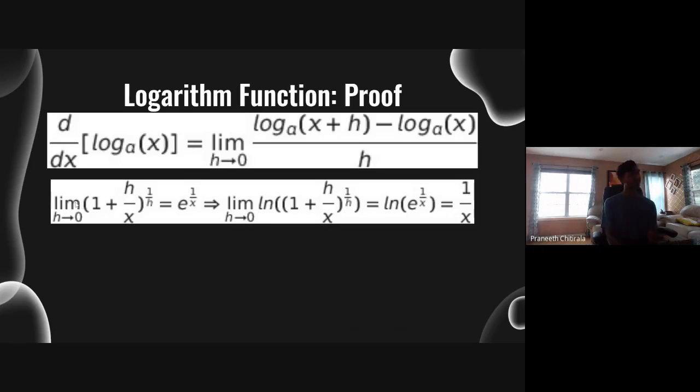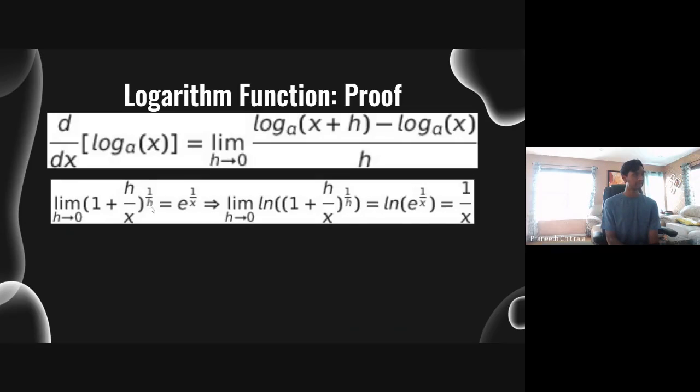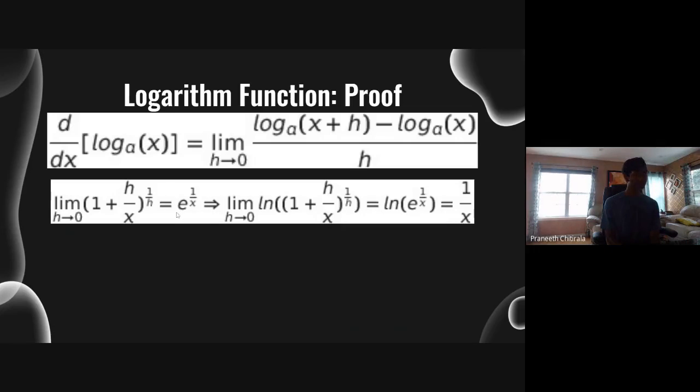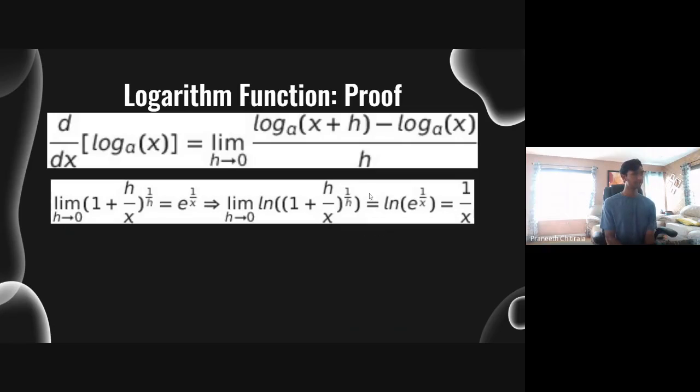Recall that the limit as h approaches 0 of 1 plus h over x to the 1 over h is just e to the 1 over x. This resembles the limit for e, so we can use it here. The limit becomes the natural log of e to the 1 over x.